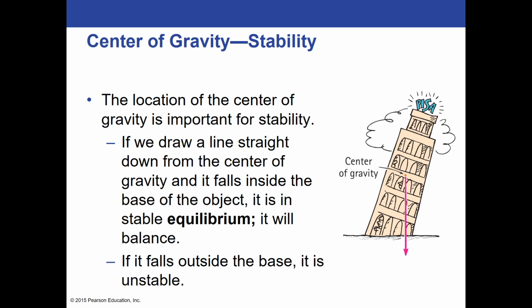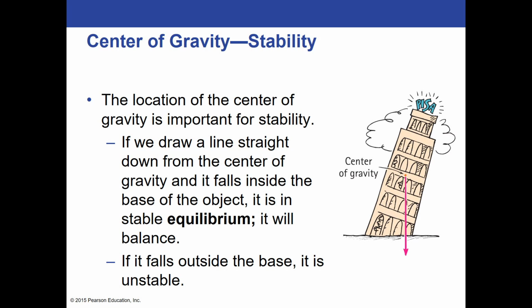Out of curiosity, let's look at something called chaotic or unstable equilibriums. So if it falls outside the base, it is not an equilibrium. It will continue going over. But if it falls inside the base, it's technically an equilibrium.